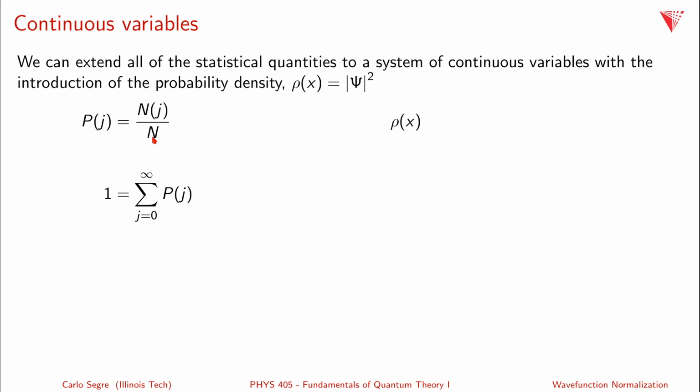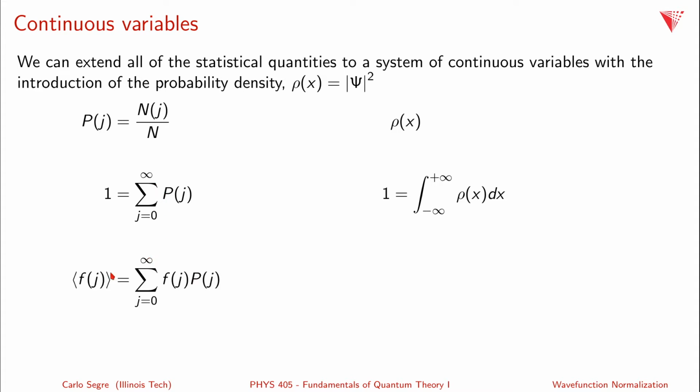Similarly, the probability density for a wave function in quantum mechanics also has to integrate to 1. But instead, we have continuous variables. So 1 is equal to the integral from minus infinity to infinity of rho of x dx. So that has the same correspondence to the sum of the probabilities.